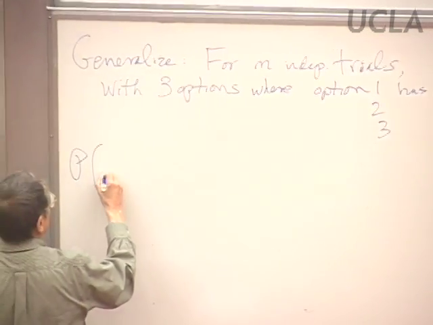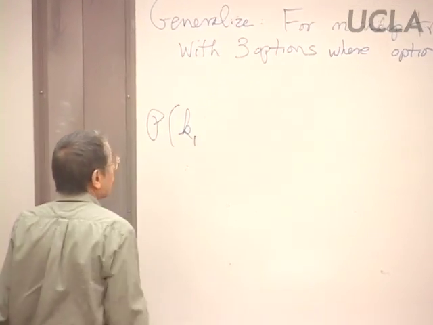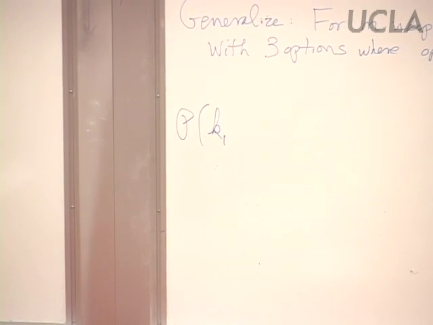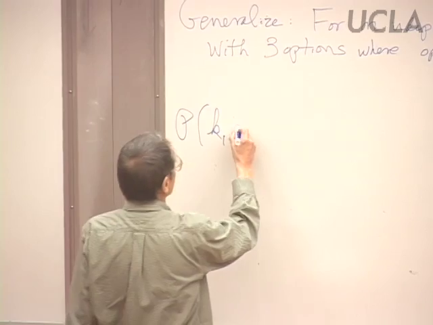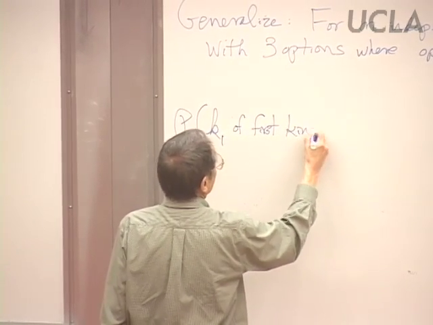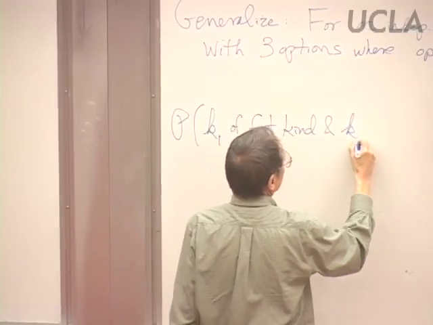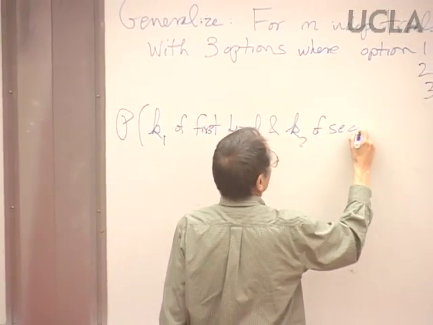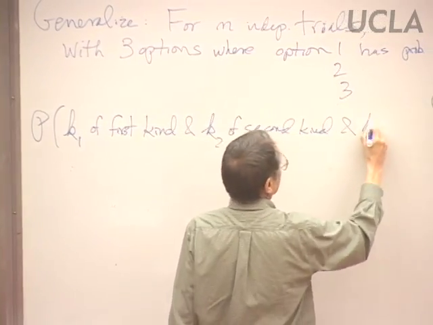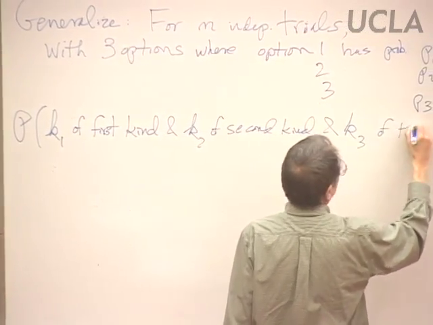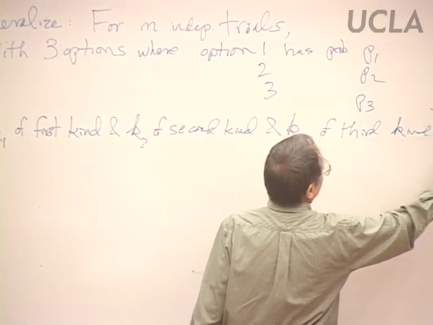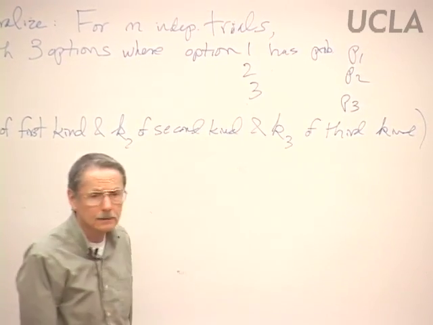The probability that we get K1 of these trials that give us the first option, K1 of the first kind and K2 of the second kind and K3 of the third kind is?